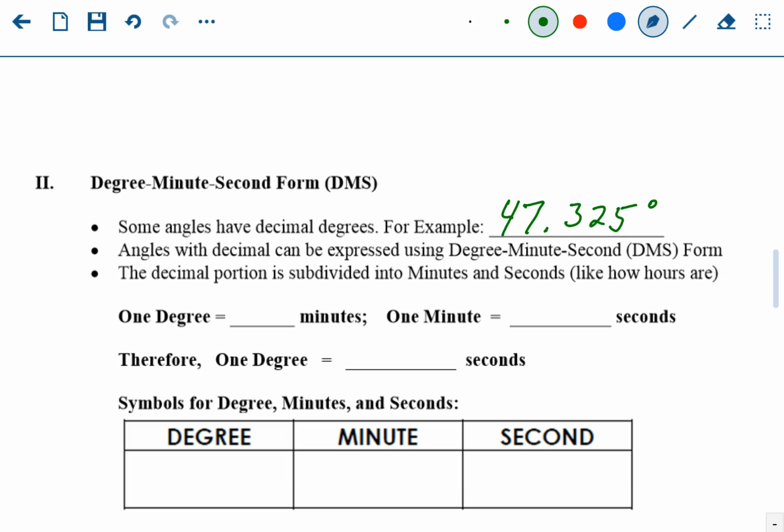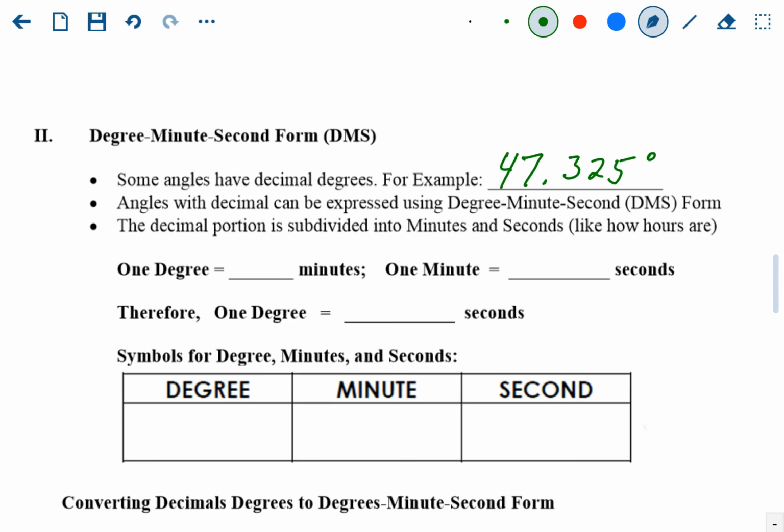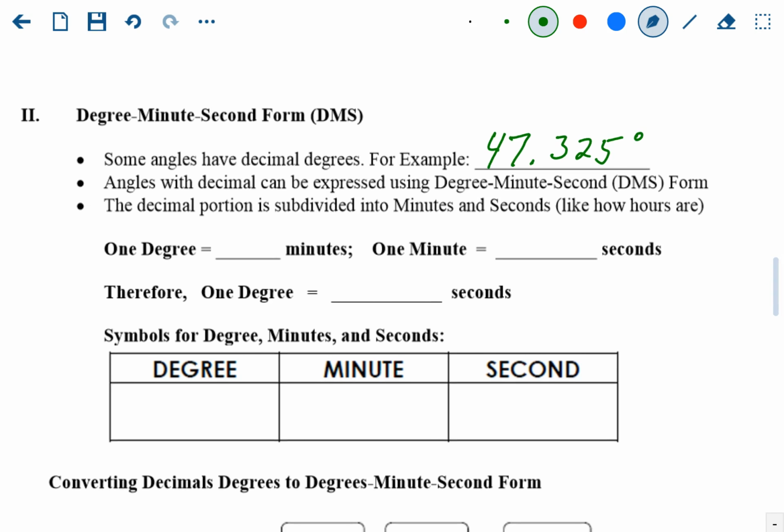Just like how clocks are. We tell time with hours, minutes, and seconds. These are degrees, minutes, and seconds. The decimal portion is subdivided into minutes and seconds, just like how hours are. So a degree is like your hour.